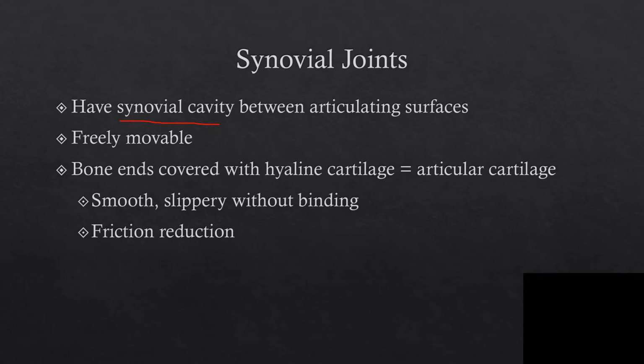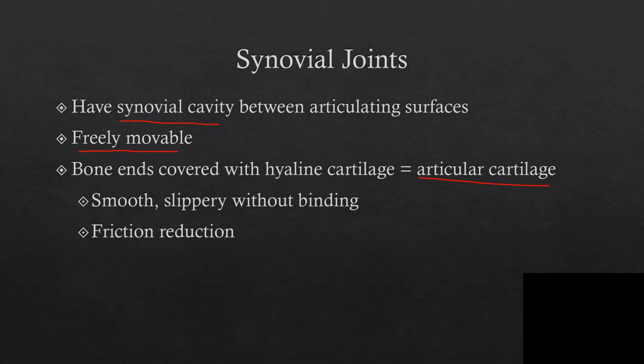This allows the joint to be freely movable. That fluid, obviously called synovial fluid, is slippery and allows the articular cartilage at the end of the bone to slide against the bone on the opposite side, because the synovial fluid allows the cartilage to slide very easily over the other.